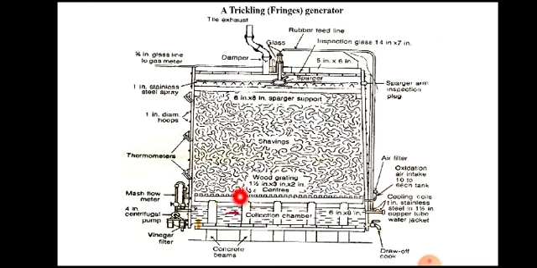From the bottom you can see here the mixture stock will move through a motor and it will move to the top through this rubber feed line, and through this rubber feed line it will reach the distributing arm, and this distributing arm will release the contents which will trickle down onto the shavings, and these shavings have the growth of Acetobacter.